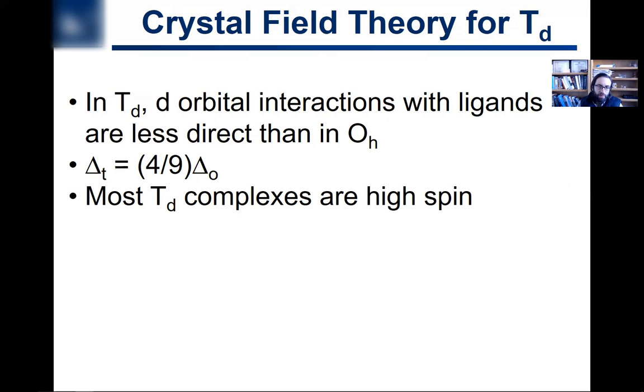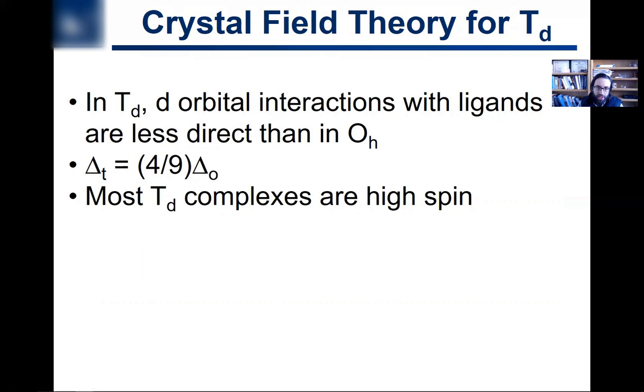And as a result, most Td complexes are high spin. It doesn't even matter if you have a high oxidation state or if you're at a second or third row transition metal, things that would usually favor low spin in octahedral complexes. By virtue of the less strong interaction and this 4/9 relationship, where delta T is so much smaller, you get high spin most of the time.